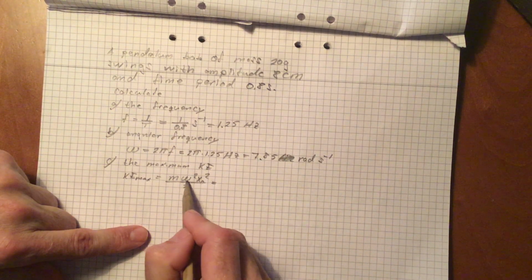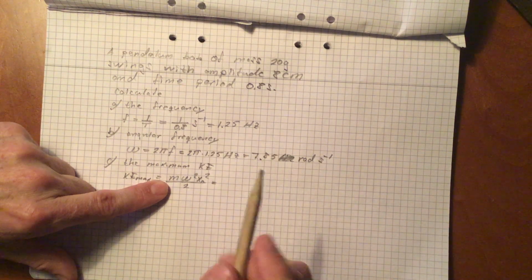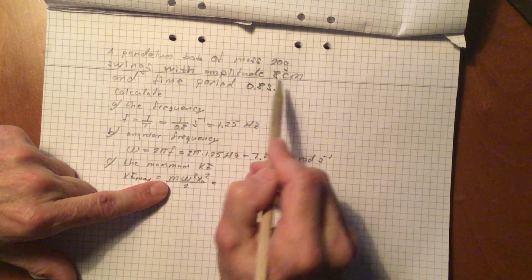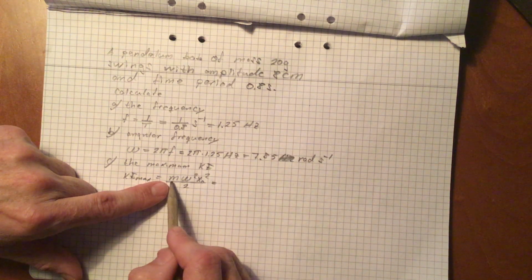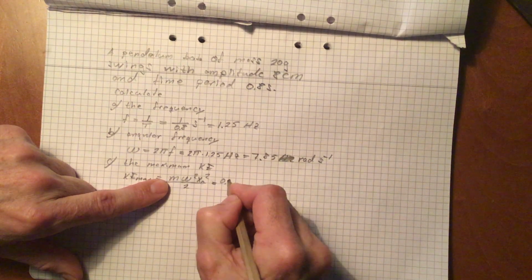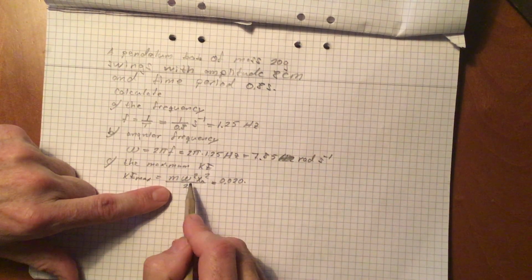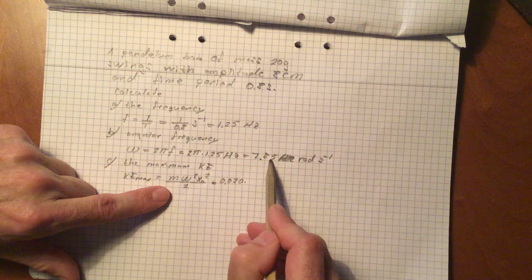So with our numbers, I have to convert now to kilogram and to meter if I want it in joule. So the mass is 0.020 kilogram times, and then this is a rounded off number.